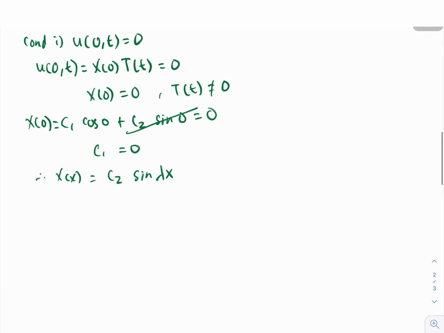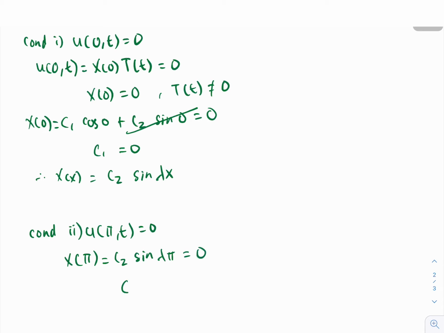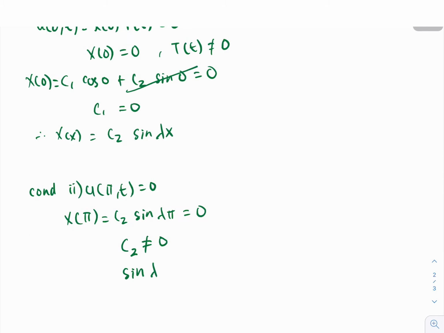Next, condition number 2. Substitute again from the X that we have obtained. So X(pi) equals C2 sin lambda pi equals 0. But this time, since C1 is already 0, C2 cannot be 0, and sin lambda pi equals 0.